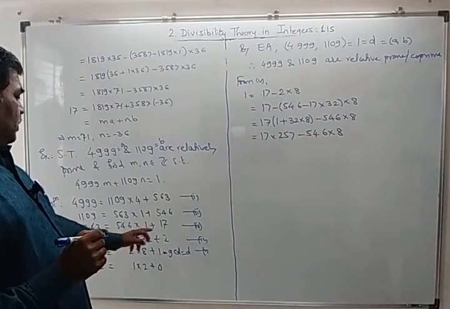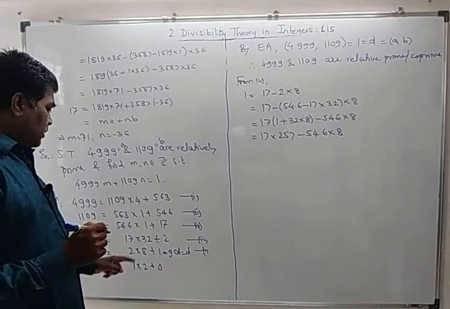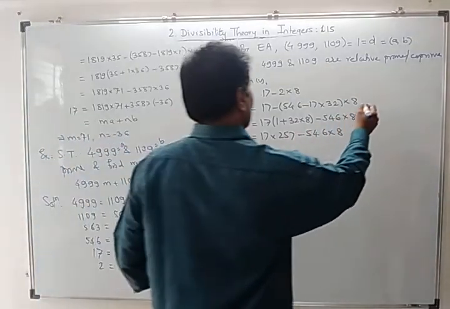Now we'll put the value of the previous remainder 17. So here we'll use 5.